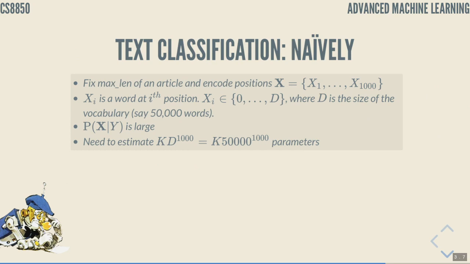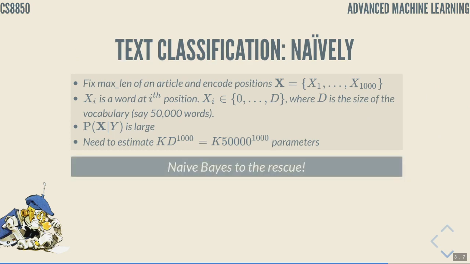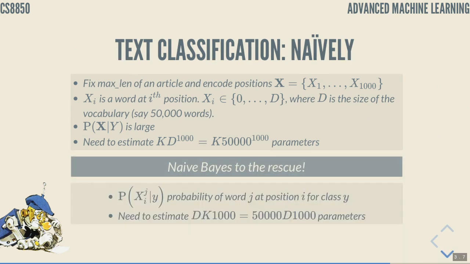So instead of doing that, naive Bayes to the rescue. What would naive Bayes do? As you know, we can just represent the probability of each word at each position given the class: the probability of word j at position i for class y.